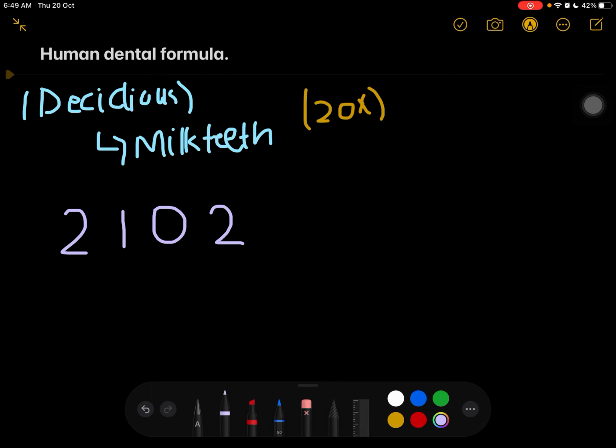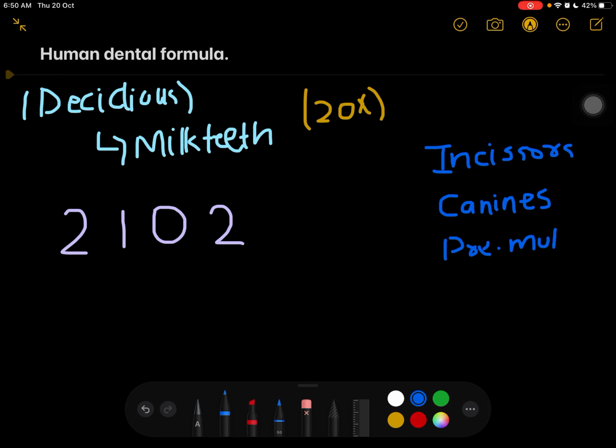In the previous video I talked about the types of teeth, right? So you must know the types of teeth in that one order, which is incisors first, then canines, then premolars, and then molars.